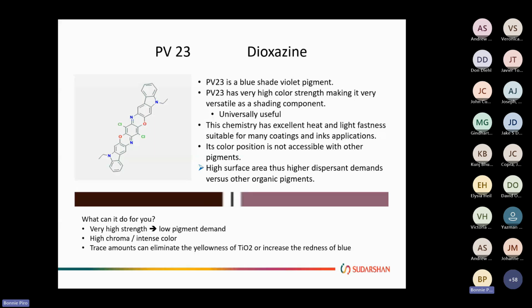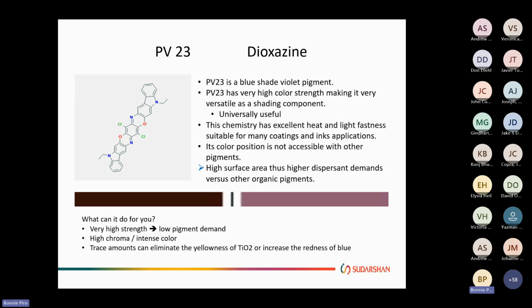We see its use in a lot of cases with respect to TiO2 to give more blueness to a white formulation, as well as pushing a blue shade a little bit more to the red side, again with a very, very small amount of the Violet 23 in the formulation.